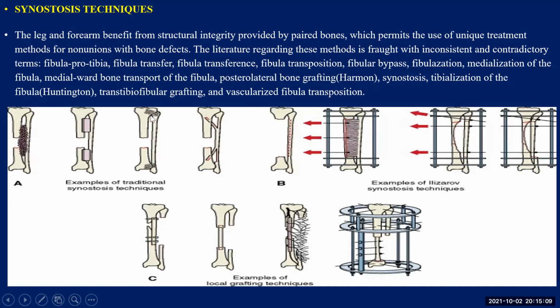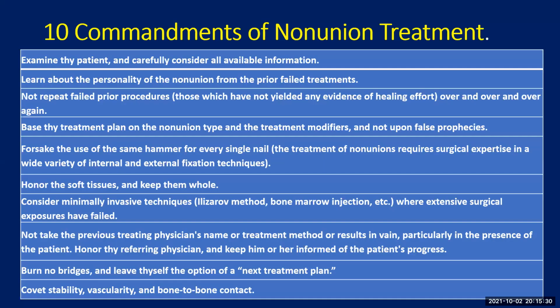In Huntington's procedure, the superior tibiofibular joint is fused, a sort of arthrodesis, and if there is poor anterior skin or soft tissue, then you go for a posterolateral bone grafting like in a Harmon procedure. So this is one slide which I got from the net.